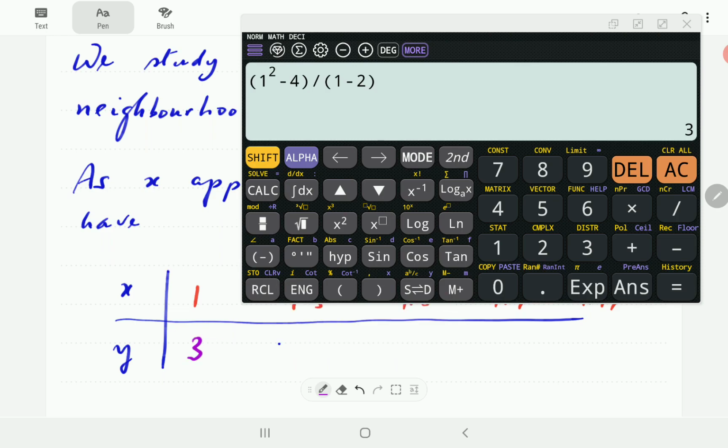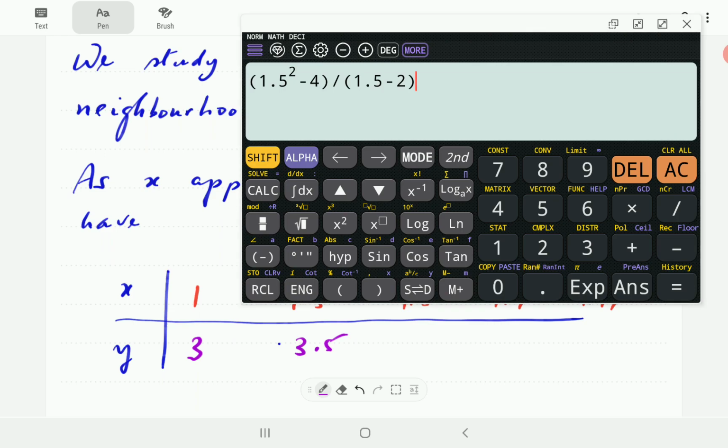Okay, then let's see what happens when x is 1.5. I'm just going to replace 1 by 1.5 here, and then evaluate. This tells us that when x is 1.5, y is going to be 3.5.